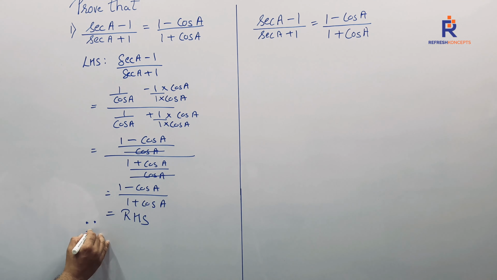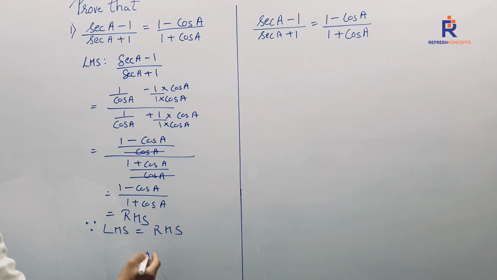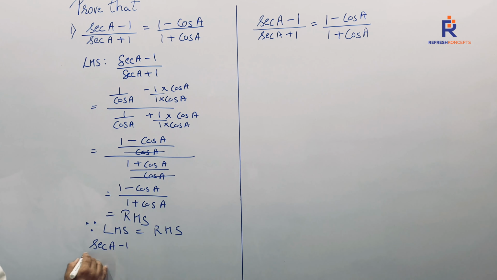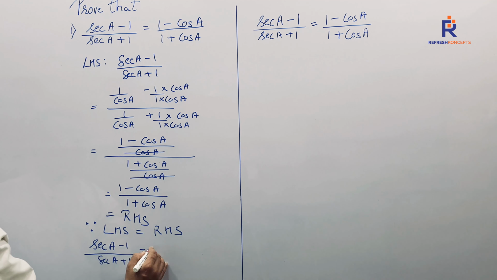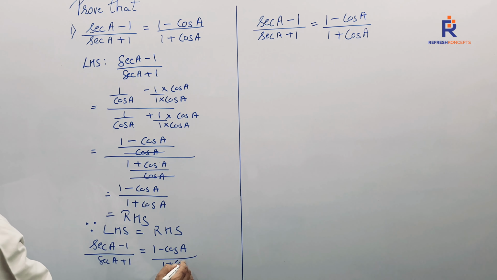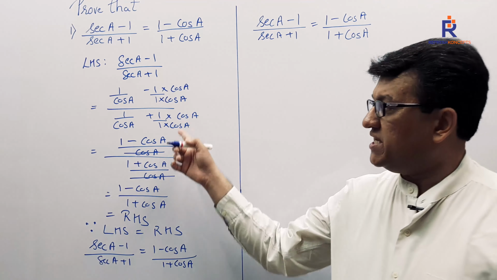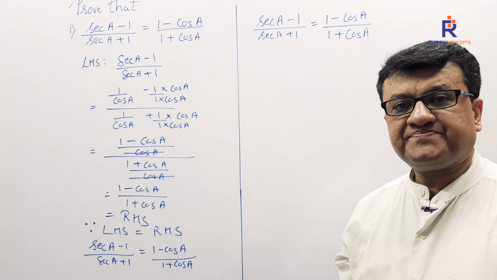Since LHS is equal to RHS, I can finally write sec A minus 1 upon sec A plus 1 is equal to 1 minus cos A upon 1 plus cos A. So this part of the sum we have proved by taking LHS, solving it and getting our RHS.